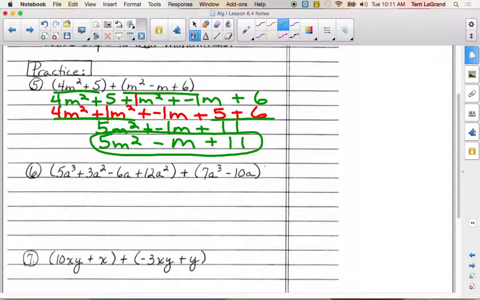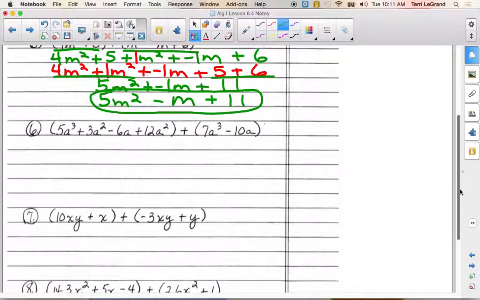Number 6, go ahead and do that one on your own, following the steps. Notice I give you enough lines to do a good process. Look at the sign that's in between the parentheses, that tells you whether you're adding or subtracting.